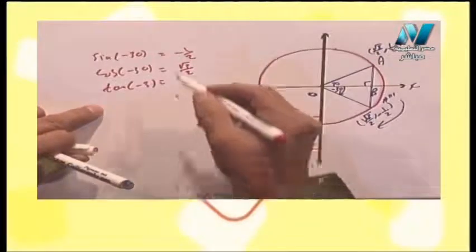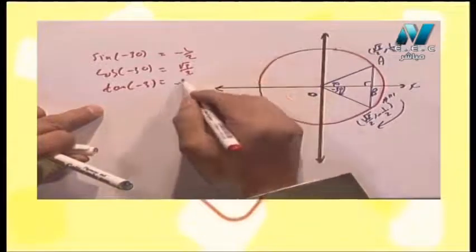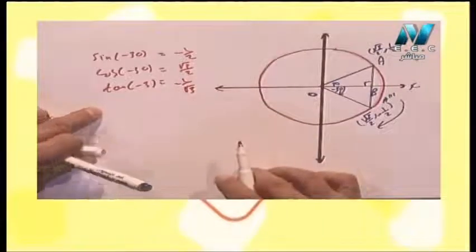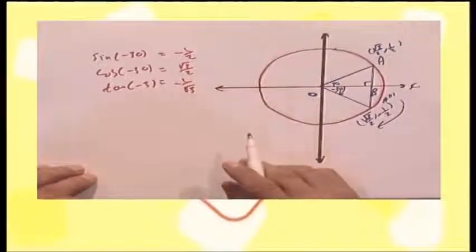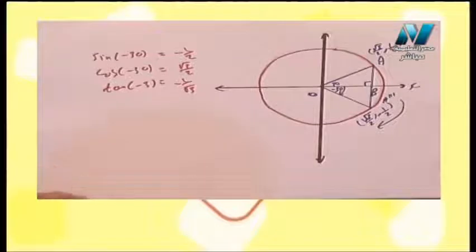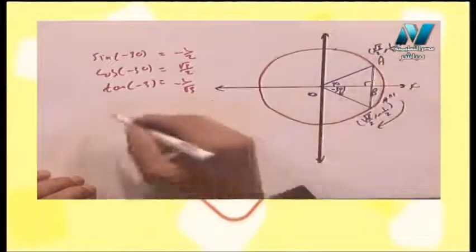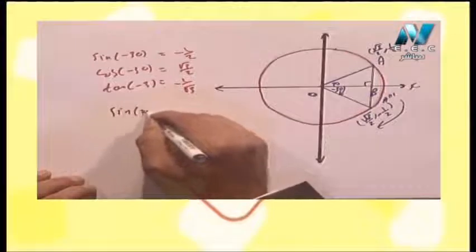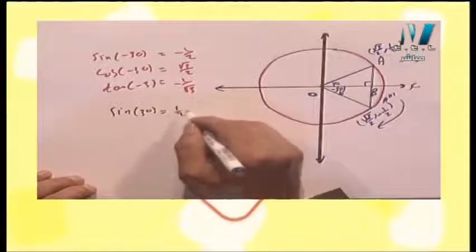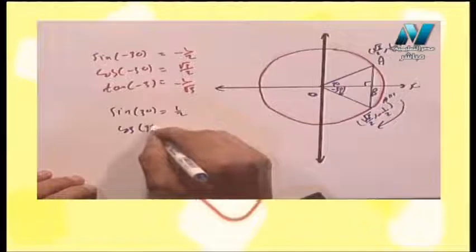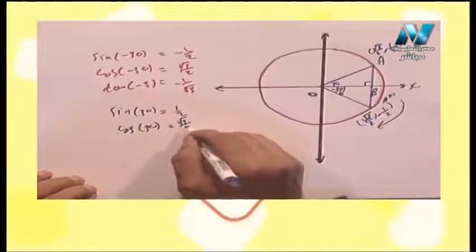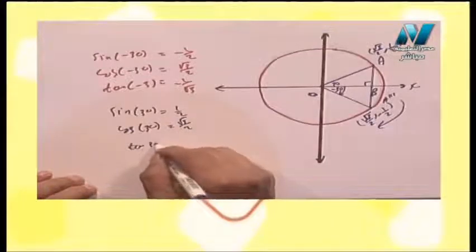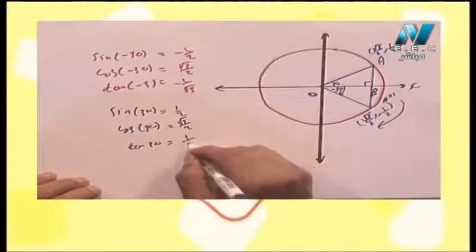And of course, sine divided by cosine equals negative 1 over root 3. Okay? And we will compare it with the original one, which is this point. Sine 30 equals half, cosine 30 equals root 3 over 2, and tan 30 equals 1 over root 3.